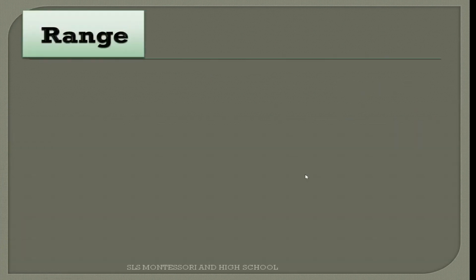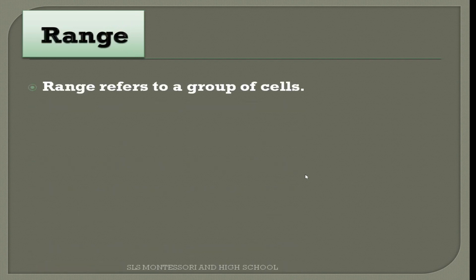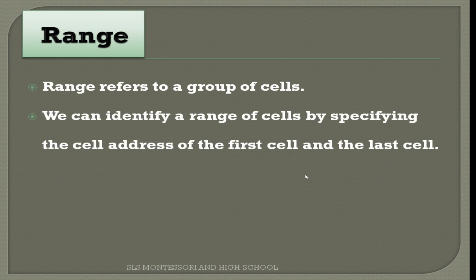Now, what is a range? Basically, a group of cells is called a range. So, how can we identify them? We can identify a range of cells by specifying the cell address of the first cell and the last cell, and it is denoted by a colon.